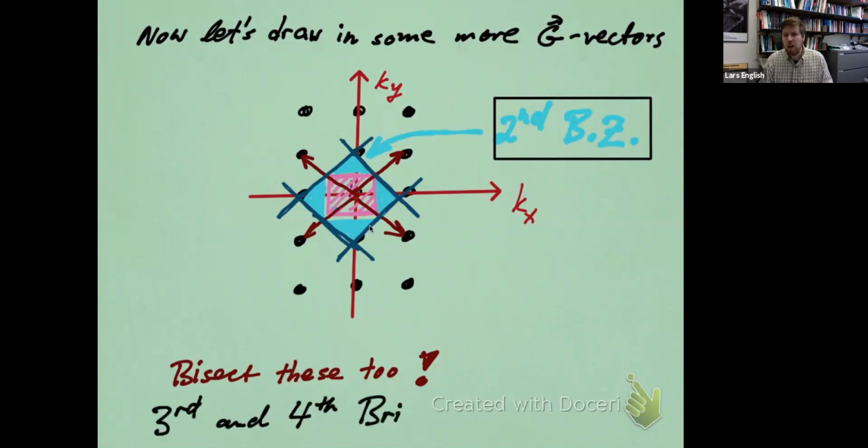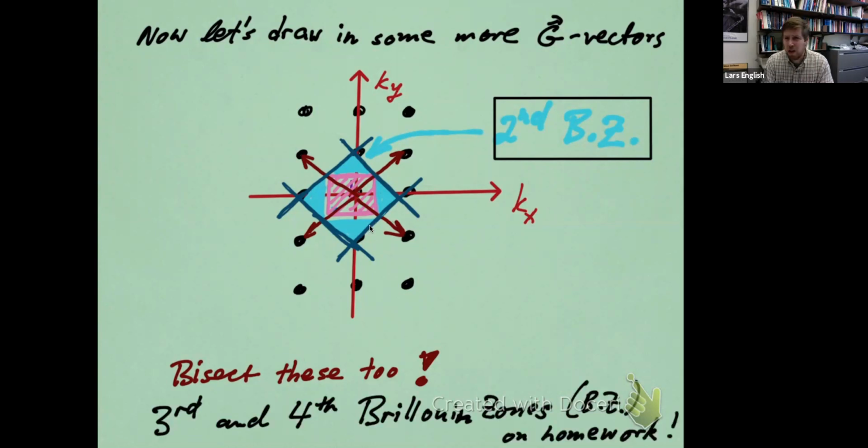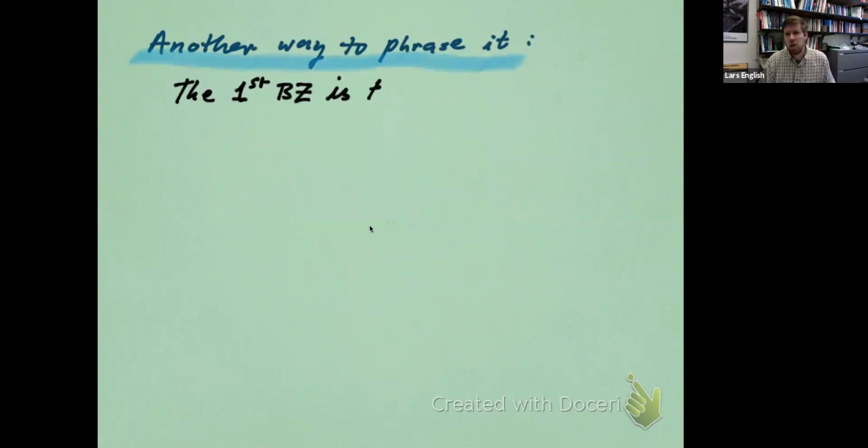Okay, we can do something similar with the 3rd and 4th Brillouin zones as well, and there is an exercise on the homework where you can practice a little bit drawing those higher order Brillouin zones. Okay, so another way to phrase the whole thing is the following.